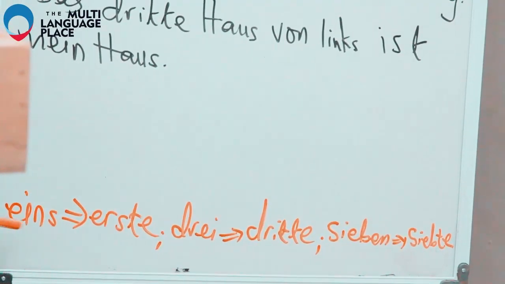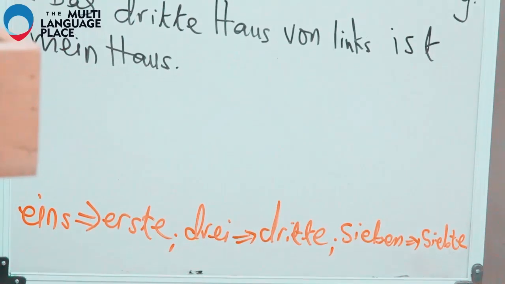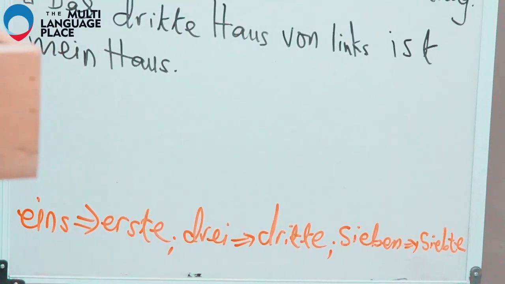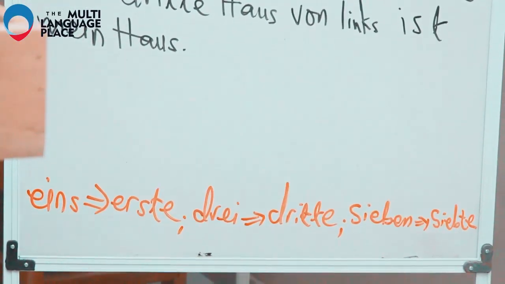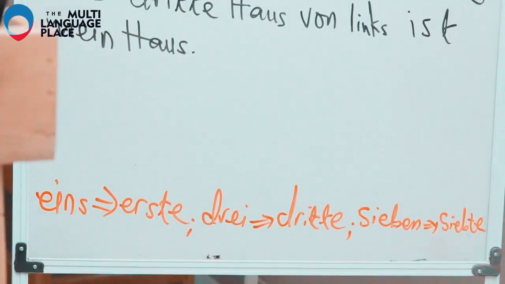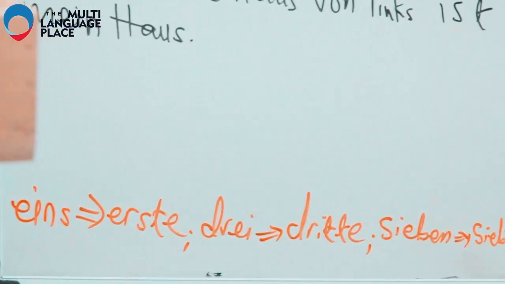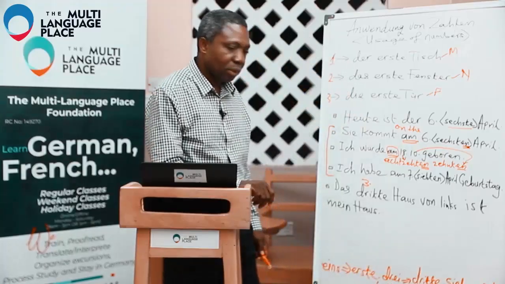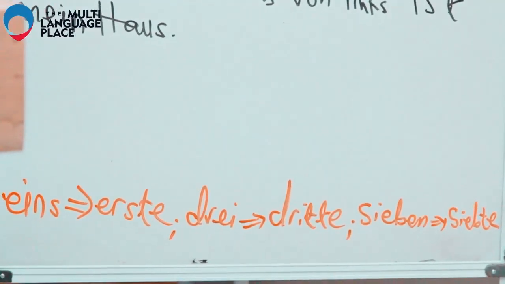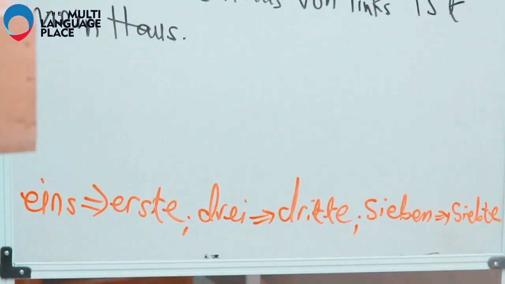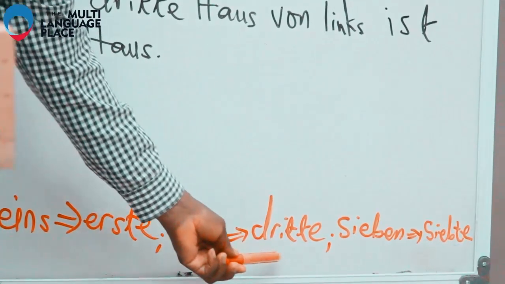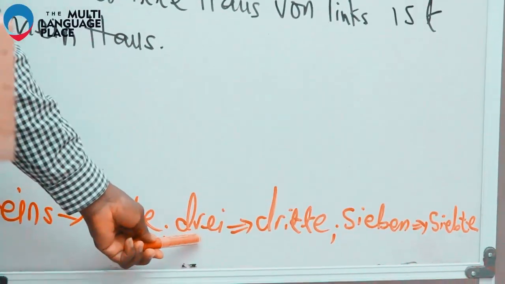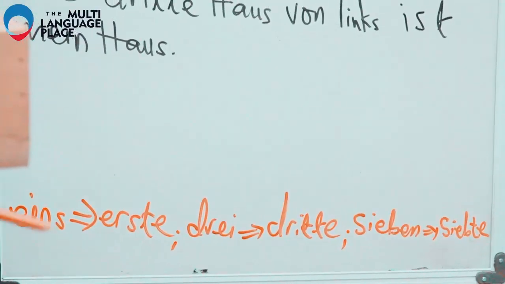But then we have eins. But when you want to say first, look at the changes. It becomes erste. That's very significant. Please note it. Erste. And then we have drei. That's 3. But then when you want to say third, you say dritte. You see there's a deviation from the original form.